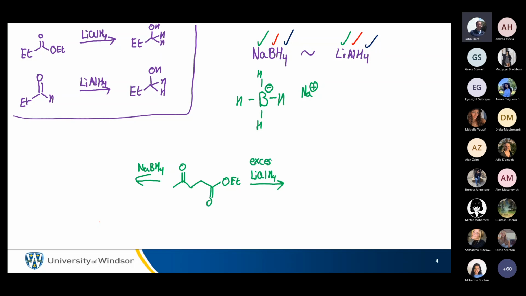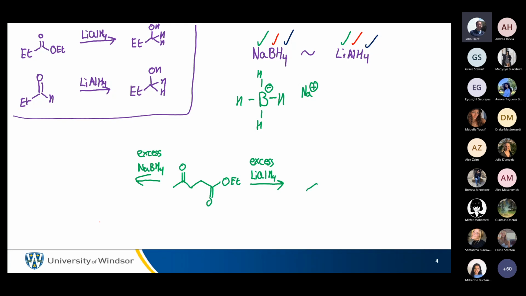This time I'm just going to say excess of both. If we look at the lithium aluminum hydride situation, we already discussed this. There's an ester and a ketone, and lithium aluminum hydride reduced both. It reduced the ketone to an alcohol, and it reduced the ester to an alcohol via the aldehyde. It went ester, aldehyde, alcohol.